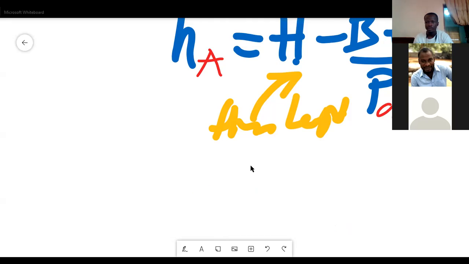You can use this formula. So that is basically it. It's worth taking note of that. Ground principal points.